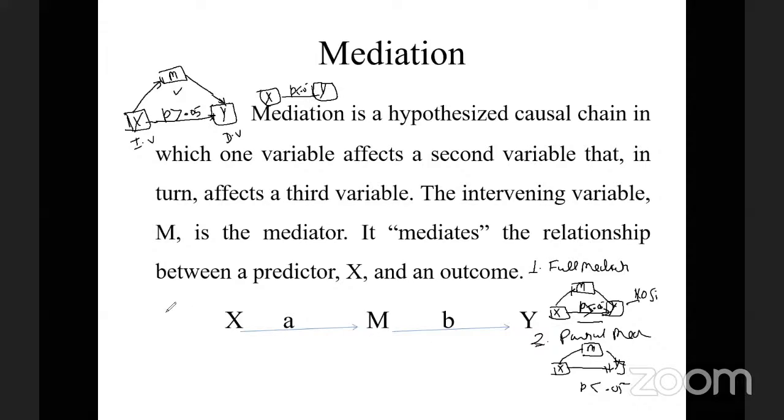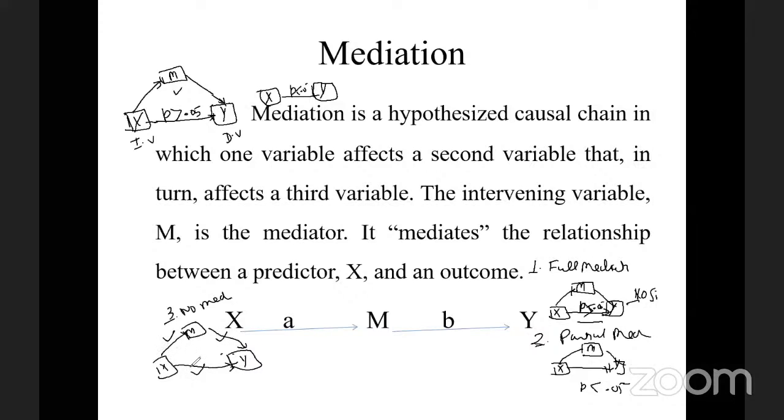And the third case is no mediation. Here Y is the dependent variable, X is the independent variable, and this is the mediator variable. No mediation means either this one or this one may not be significant.